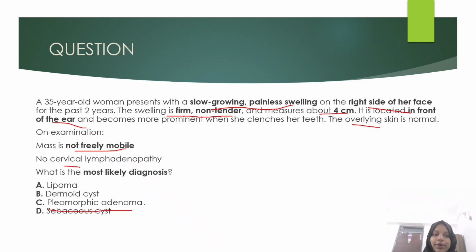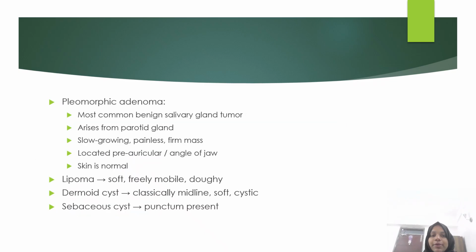It can be seen in the parotid gland as well as the submandibular gland. How about sebaceous cyst? A sebaceous cyst usually has a punctum, usually found over the sebaceous areas, or over the chest, or anywhere else as well. So here it is pleomorphic adenoma.